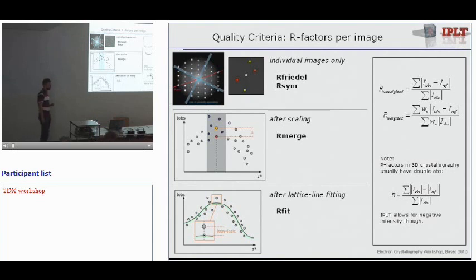So it's also a second verification of how good the tilt geometry determination was. The other two merge factors are calculated after scaling or after lattice line fitting. You have an R merge, which compares one data point with all the amplitudes within nearby range, or the R fit, which compares it to the fitted value of the lattice line fit.